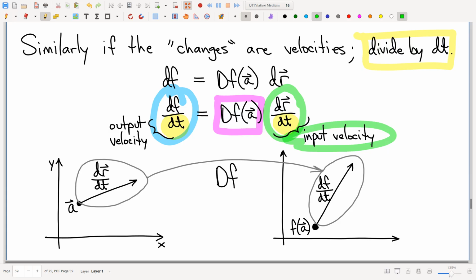So in particular, if from that point A, instead of making a discrete jump from here to some nearby point, I just say, look, I'm at the point A, and at this exact instant, I'm moving with a velocity in the domain, then the derivative will multiply by that input velocity to give me the velocity of the output point in the target.